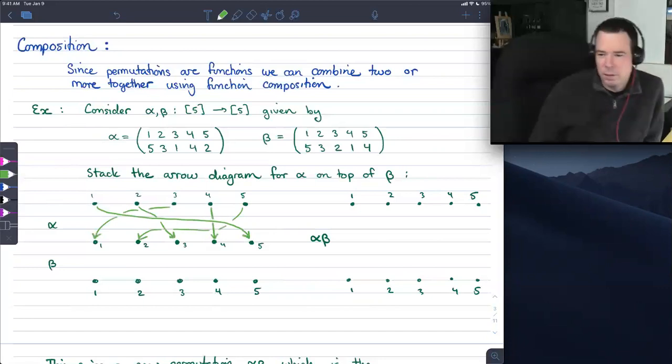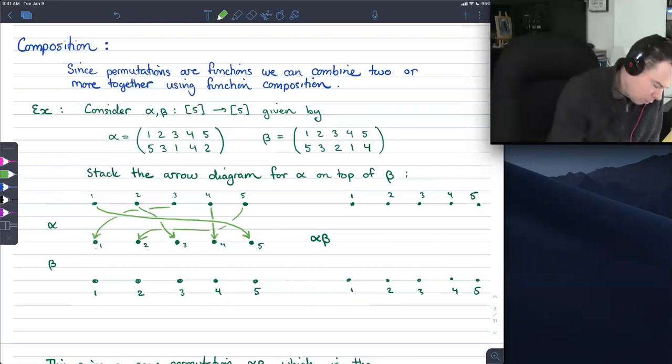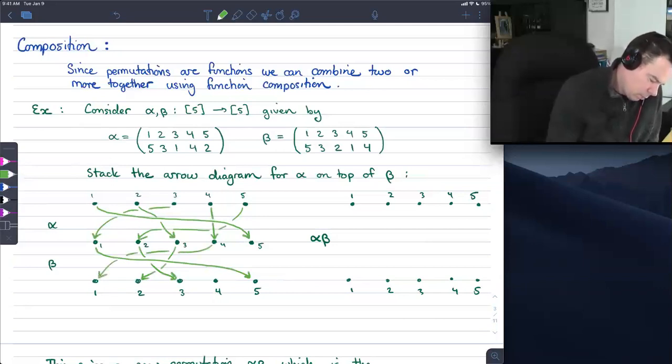So there's our arrow diagram for alpha. If I do the same for beta, the arrow diagram corresponding to beta, 1 goes to 5, 2 goes to 3, 3 goes to 2, 4 goes to 1, and 5 goes to 4.